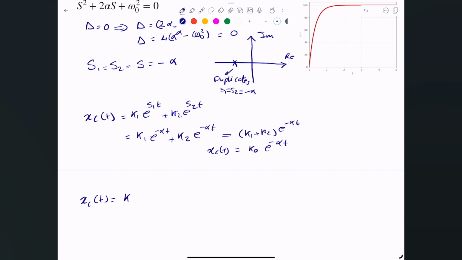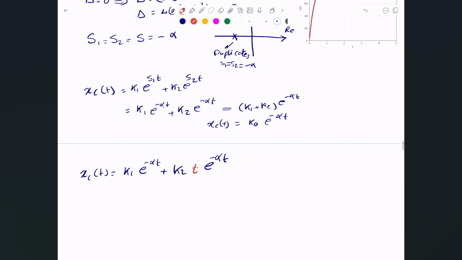It'll be k1 e to the negative alpha t plus k2, and now instead of multiplying directly by e to the negative alpha t, I'll include a t in here. So that's the difference between our original assumption and this assumption.